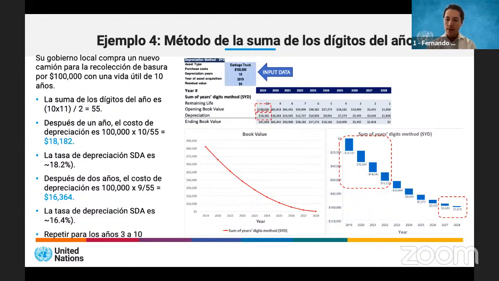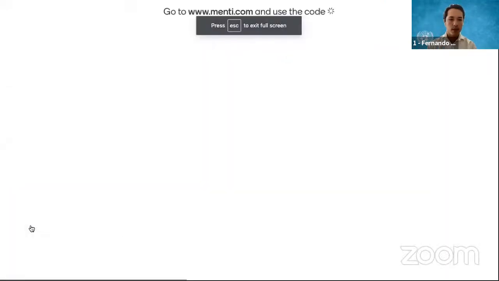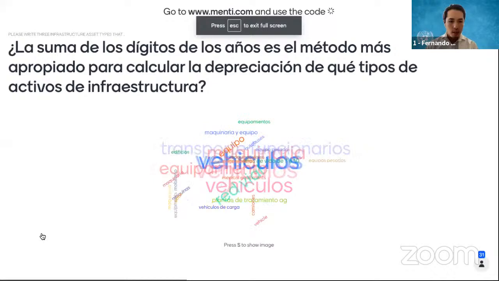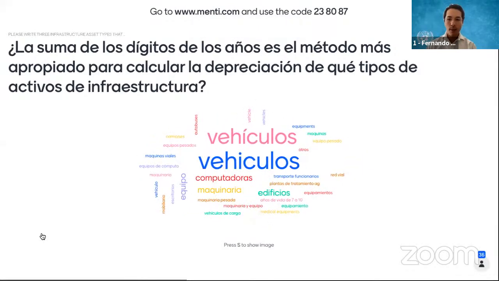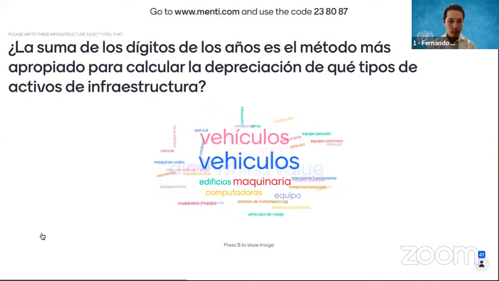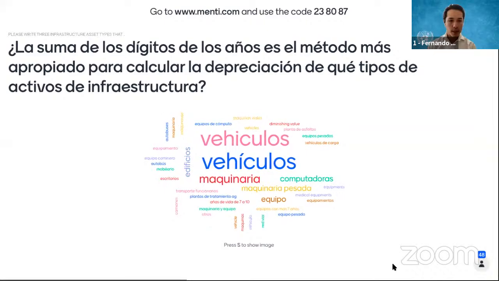El link para responder a la pregunta está aquí en el chat. Y en esta ocasión es para el método de la suma de los dígitos de los años. Vemos algunas respuestas. Vehículos es la respuesta que más se repite. Maquinaria, edificios, computadoras.